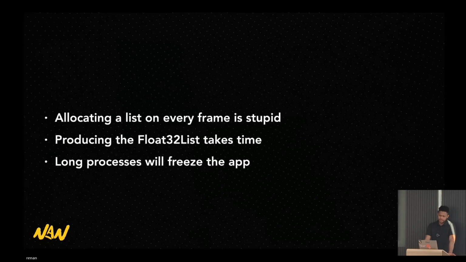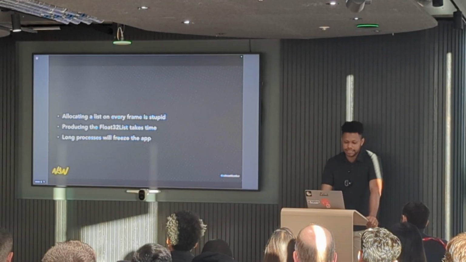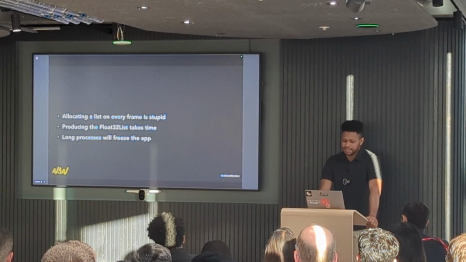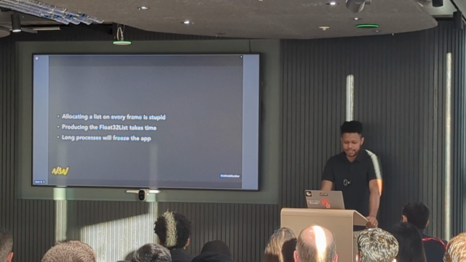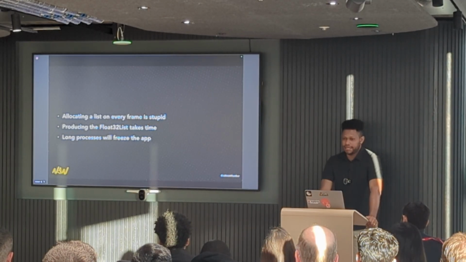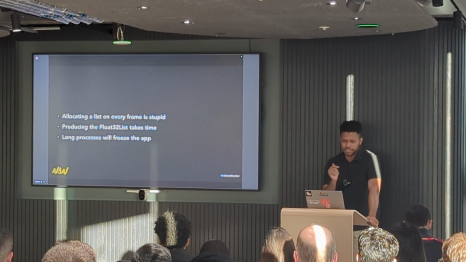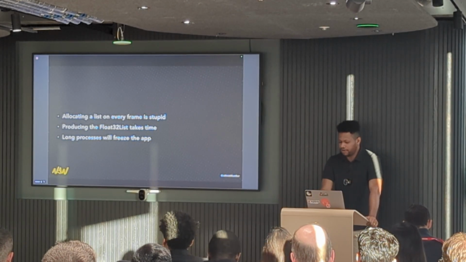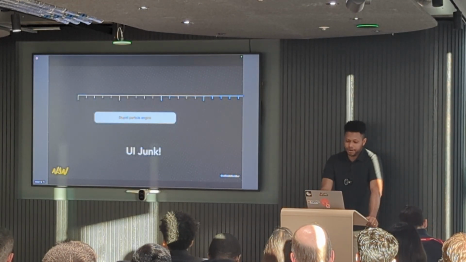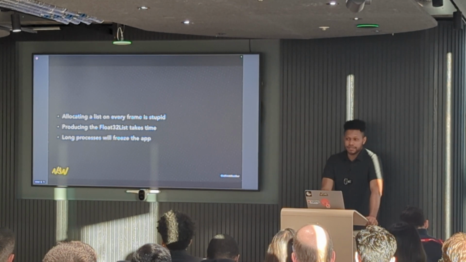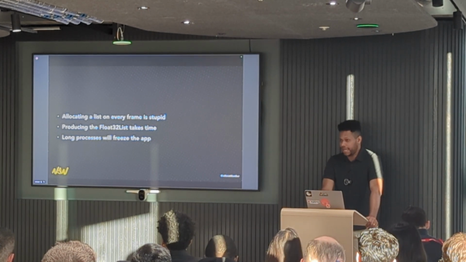So the problems we have: allocating is a problem. Producing that Float32List takes time with the iteration. And if that is bigger than a frame, which is around 10 milliseconds on very modern devices, then we have an app that feels janky, touch will feel slow, your whole app will feel slow, and it will probably cause the user's device to take off and consume the battery like a game.